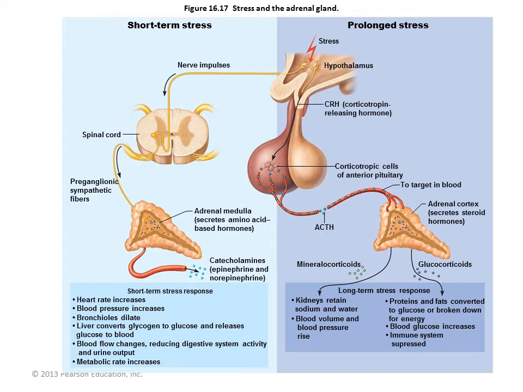And also, the long-term effects of mineralocorticoids and glucocorticoids are basically retention of sodium and water by the kidney, so that blood volume and blood pressure rise, and also breakdown of proteins, and you are also losing immune system function.